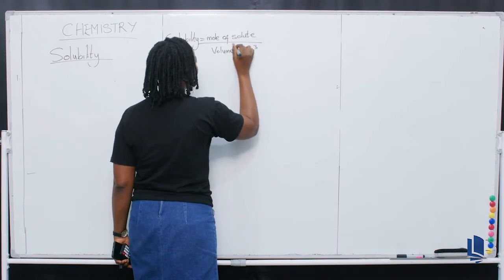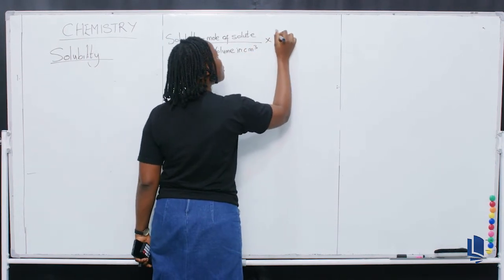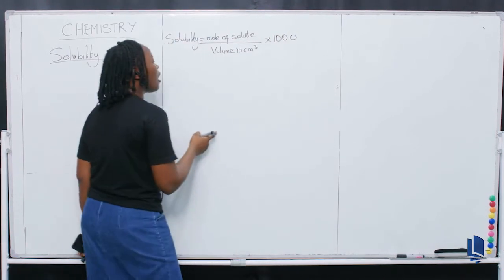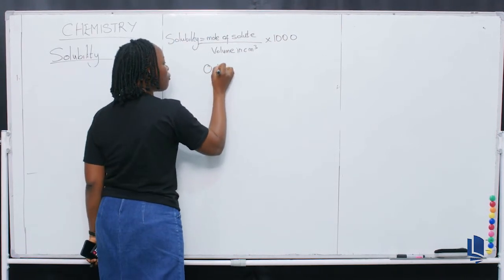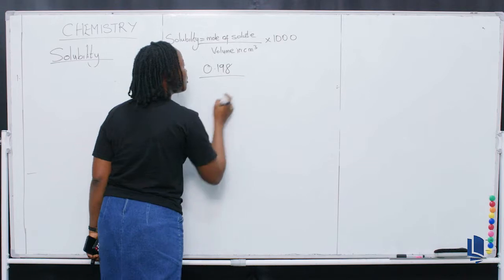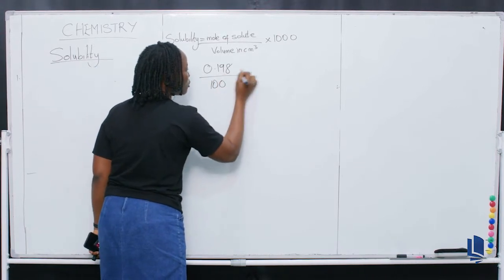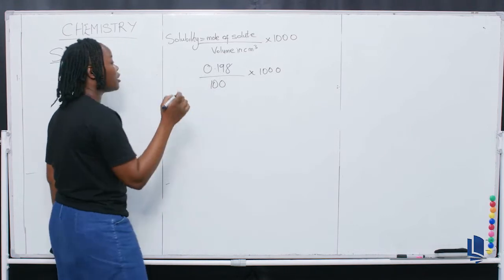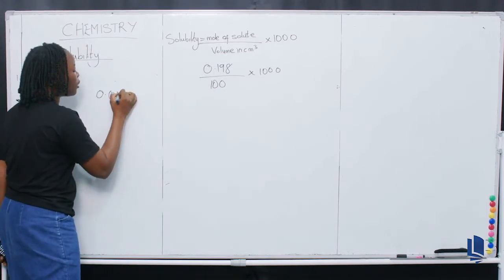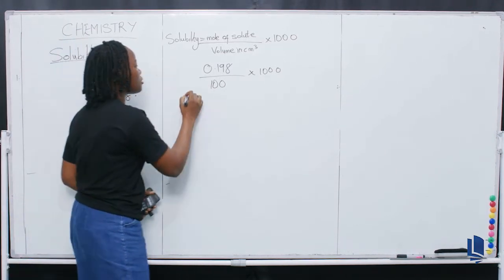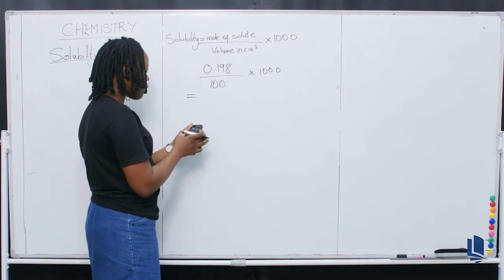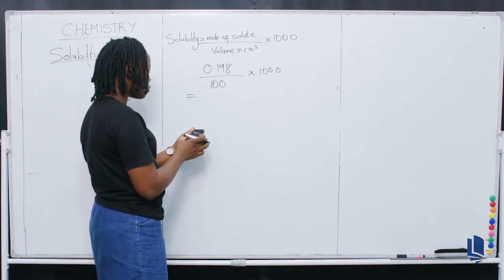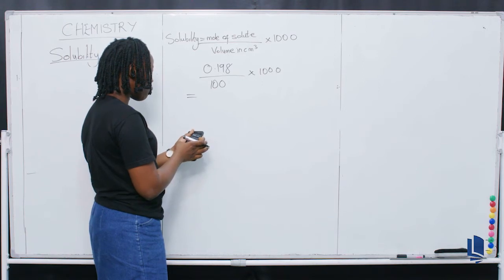Okay, let us use it with that same question. Our number of mole that we got was 0.198, right? And our volume is 100 multiplied by 1,000. Let's see if we still get the same answer. Our initial answer was 0.0198. So let's see if we get it. So that is 0.198 divided by 100 multiplied by 1,000.